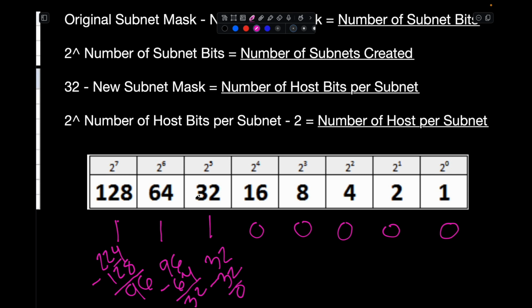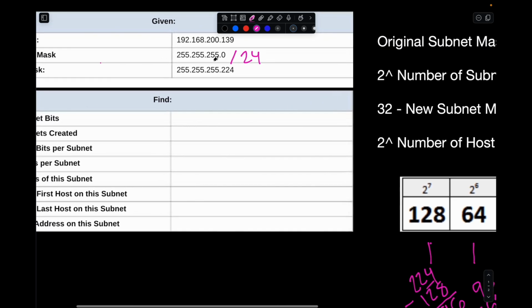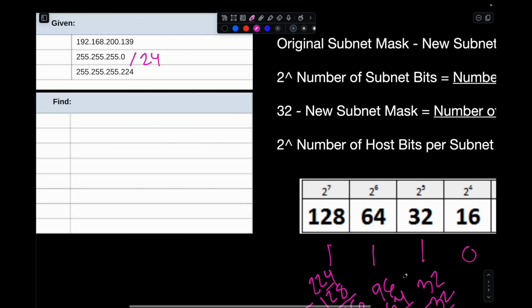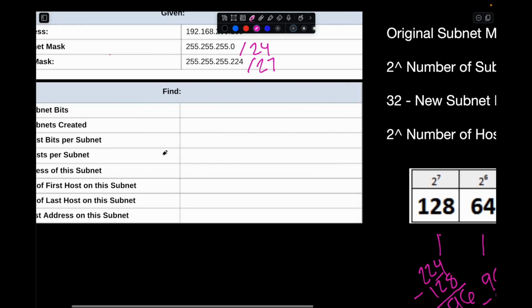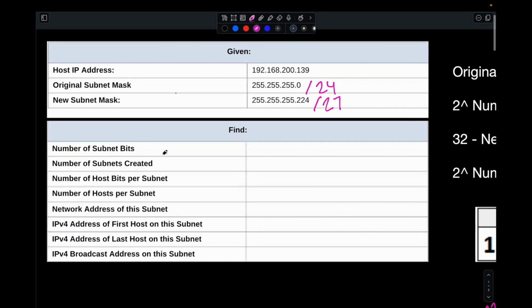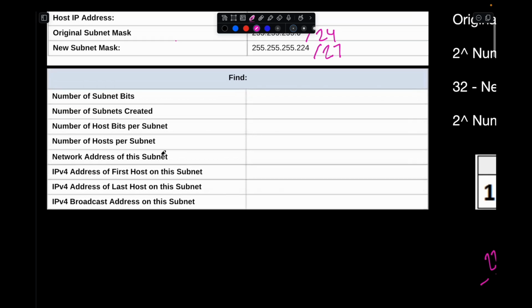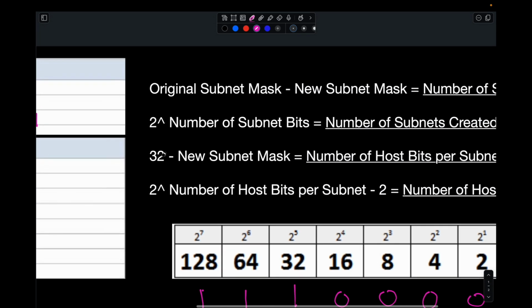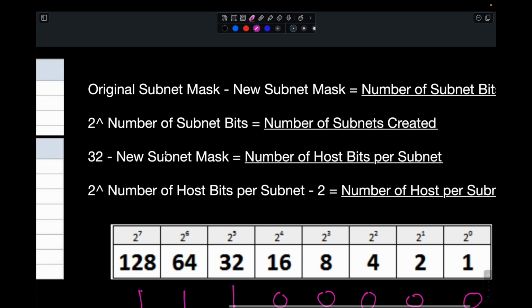Now we just have to count how many bits we have. This one's 8, this one's 8, this one's 8. We have 24 plus 3: 24, 25, 26, 27. Our slash is going to be slash 27. To figure out our first number, the number of subnet bits, we subtract the original subnet mask from the new subnet mask.